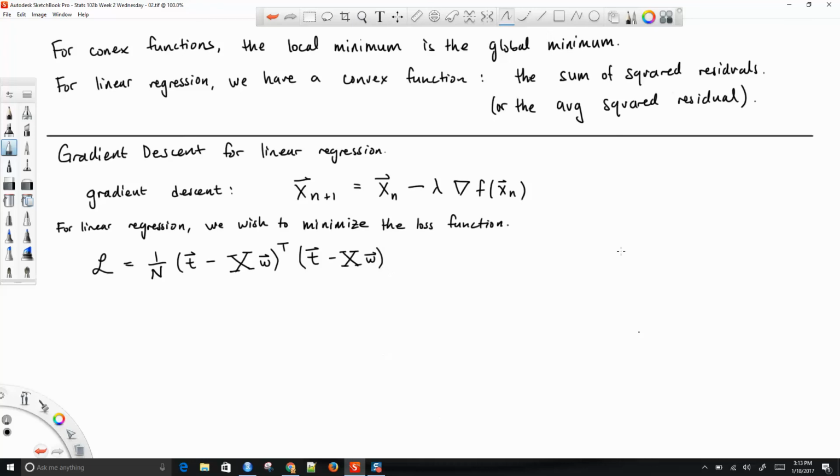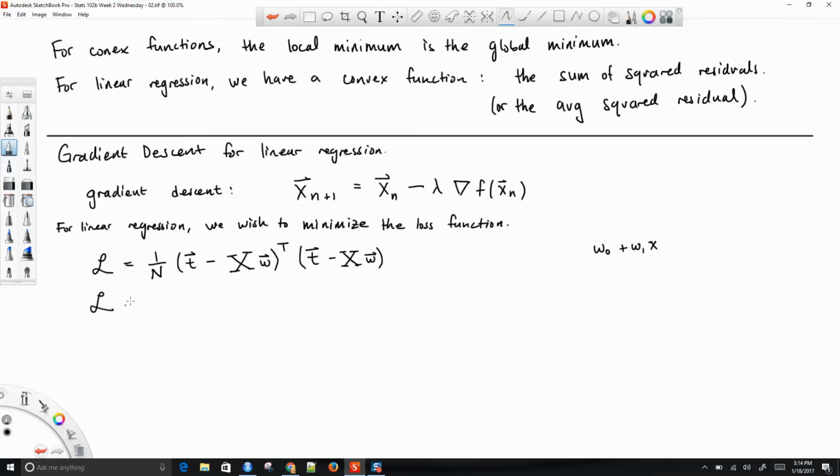Because we're saying w0 plus w1 x is each of our points. So this is our loss function. We're trying to minimize this. This is in vector notation.